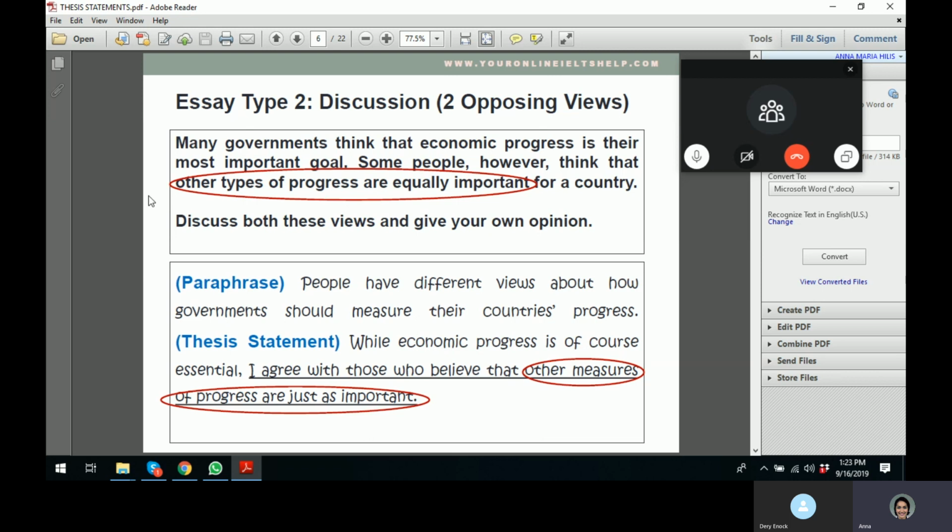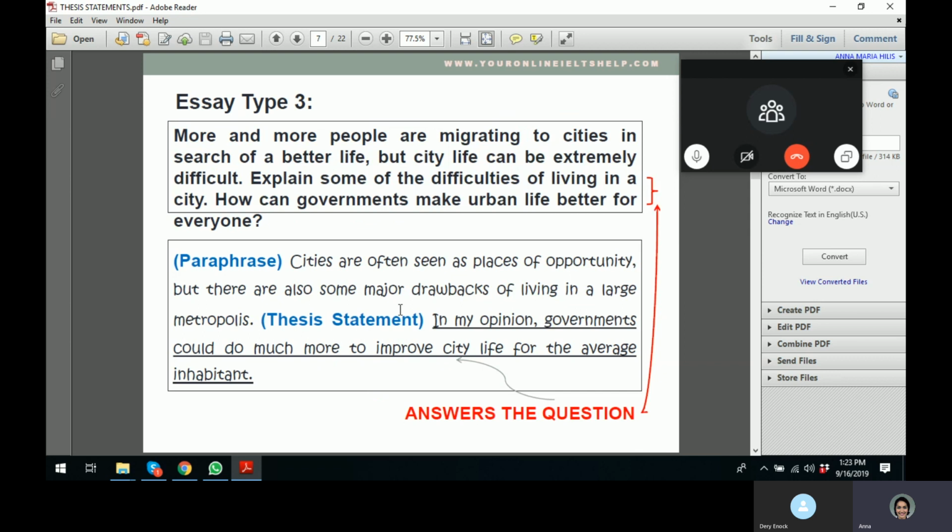So on the next slide, I highlighted that other types of progress are equally important, and that is in the thesis. Other measures of progress are just as important. So take note of the paraphrases. Next, let's go to another type. This is actually "explain some of the difficulties", that's the problem, and "how can governments make urban life better", that's the solution.